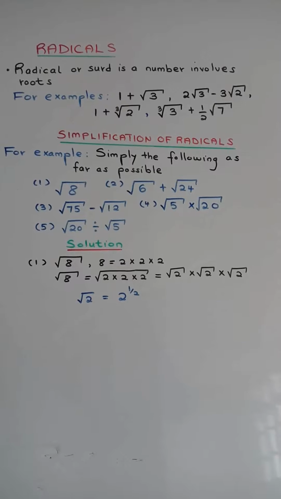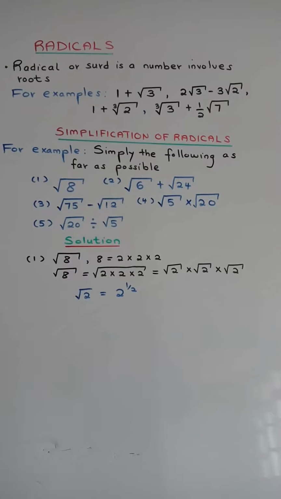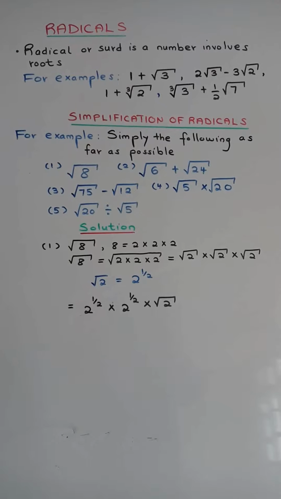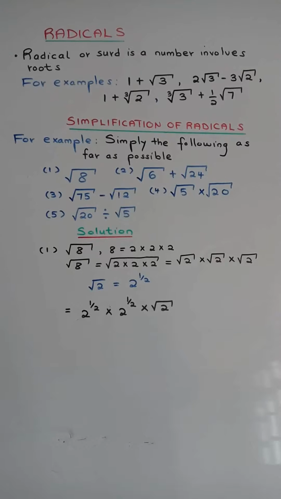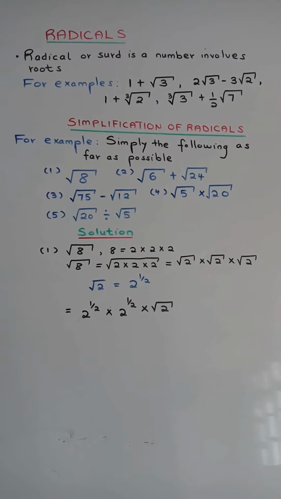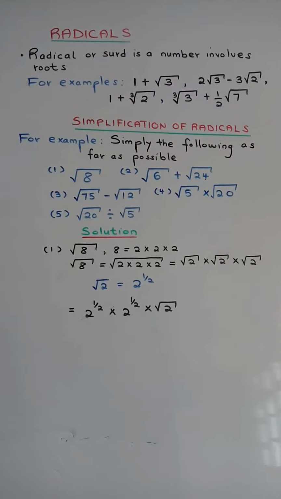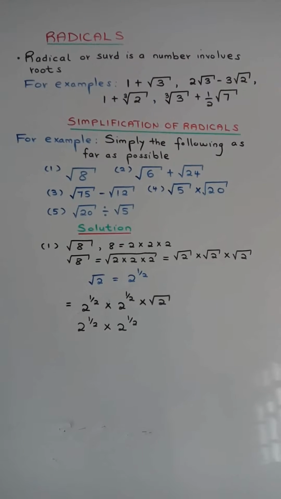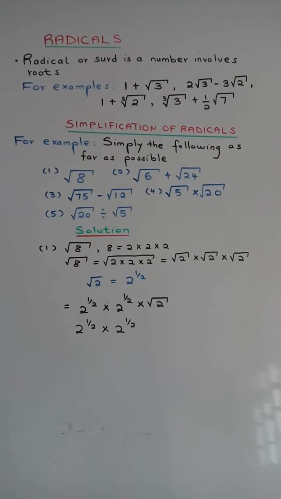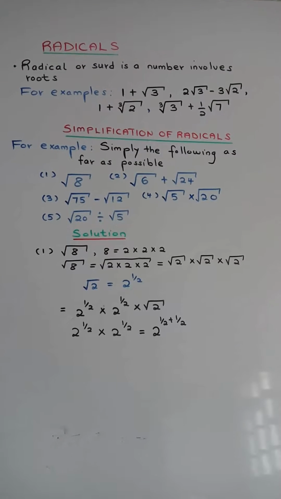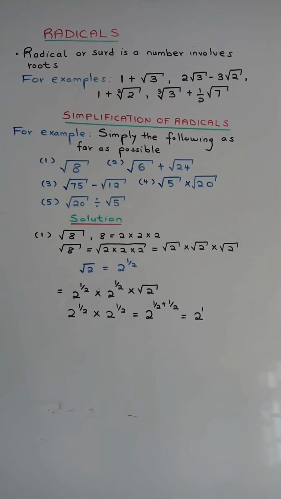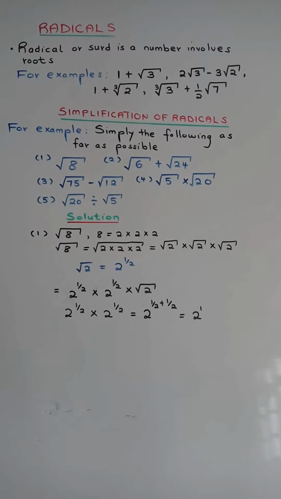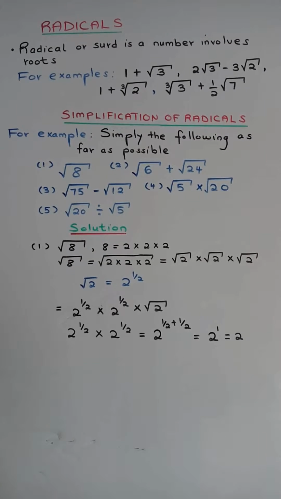Radical 2 is equal to 2 raised to a half. So this is equal to 2 raised to a half times 2 raised to a half times radical 2. 2 raised to a half times 2 raised to a half is equal to 2 raised to a half plus a half, which is equal to 2 raised to 1, which is equal to 2.